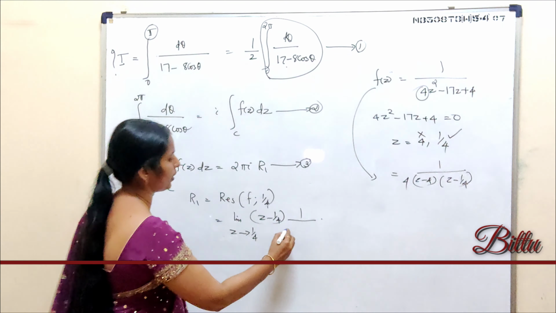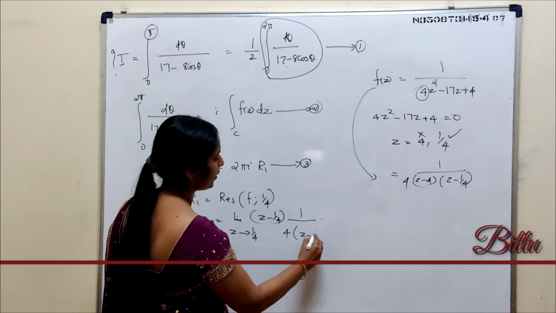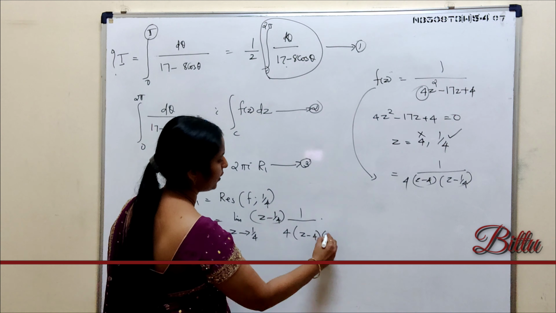So its factorization is 4 into z minus 4 into z minus 1 by 4. This will cancel each other, and you put z equal to 1 by 4. That is 1 by 4 into 1 by 4 minus 4. That is 1 by 4 into, you take 4 here, it is minus 15 by 4. So it is minus 1 by 15. So the residue is minus 1 by 15.